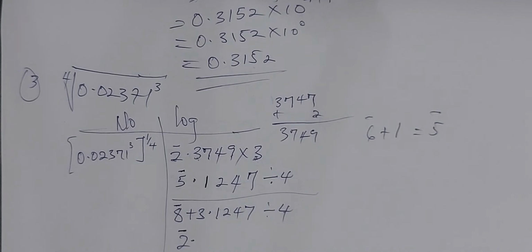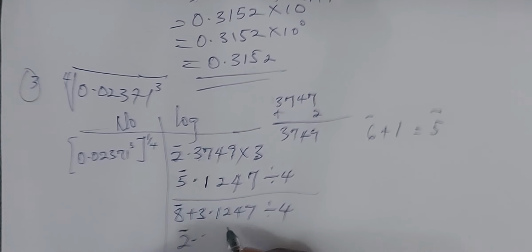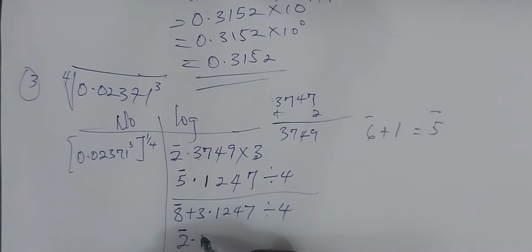What will be the answer? We have 7, 7. So 7 times 4 is 28.